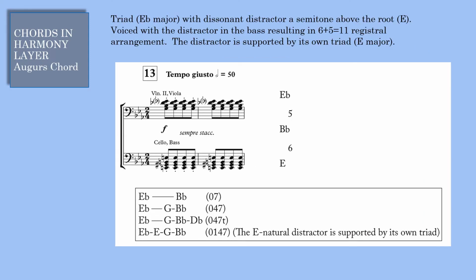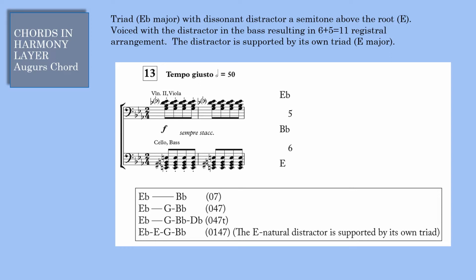This is the famous Augurs chord, the pounding dissonant chord that sounds throughout the first half of the Augurs of Spring. Most obviously, it is a combination of two triads, E major below and E-flat major, actually E-flat 7, above, each with its own root and fifth frame. I'll discuss it from that vantage point later.